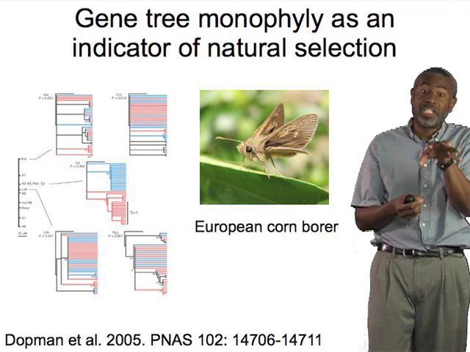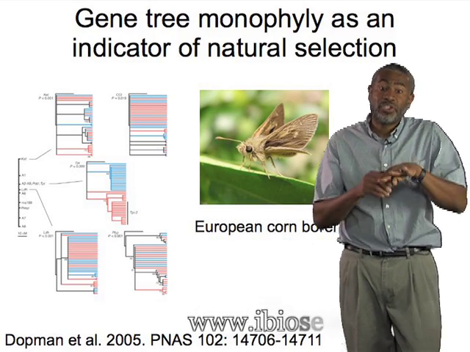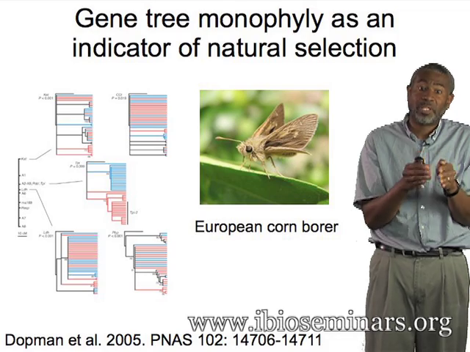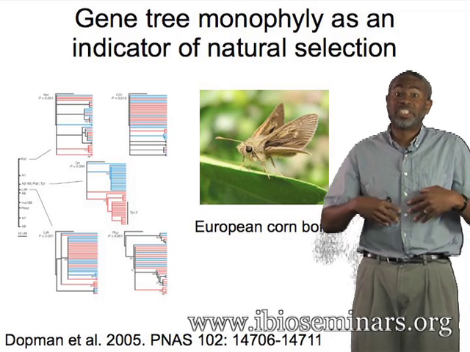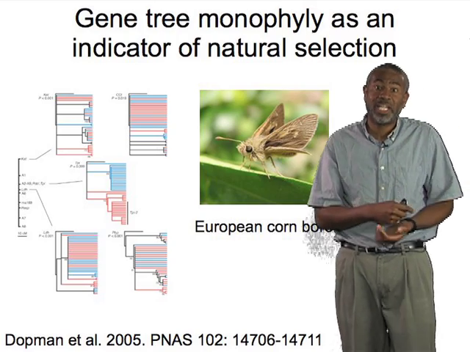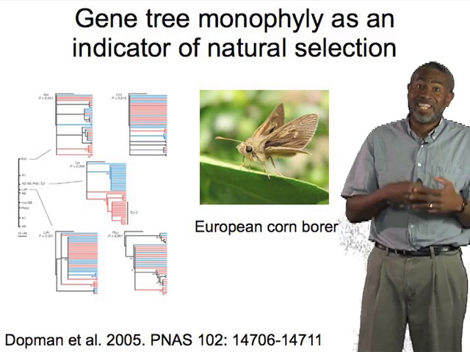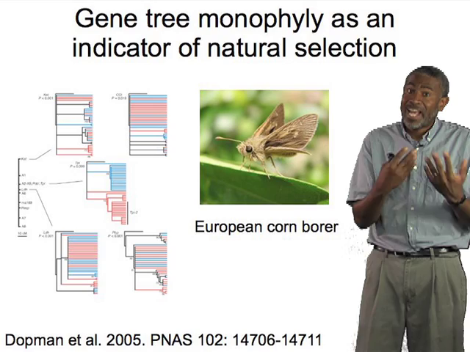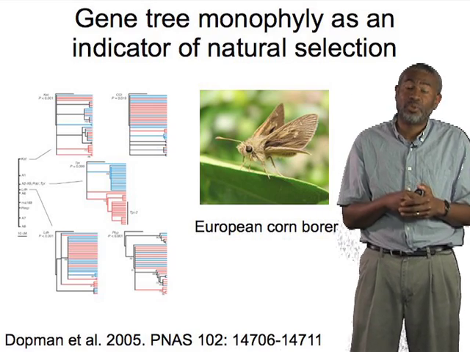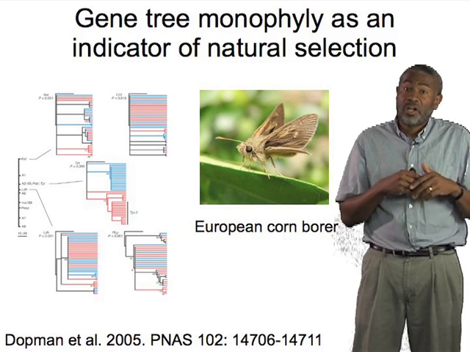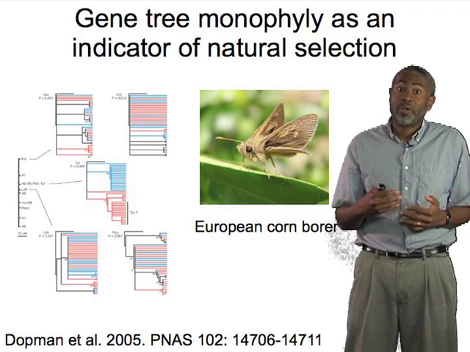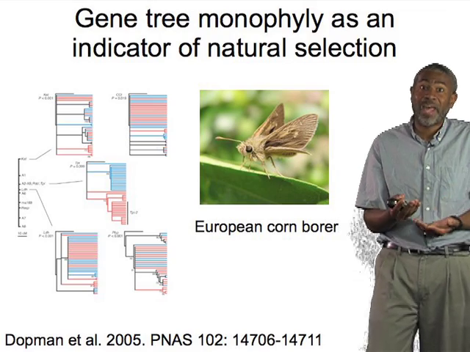However, you can see for the gene tree right in the center, there's a strong differentiation between the red and the blue populations. There is what we call reciprocal monophyly. They're showing separate clusters in those two lineages. This is an indication that natural selection may have driven these alleles to rapid fixation in these two populations and caused shifts in allele frequencies, to be sure, but also shifts in the genealogical pattern.